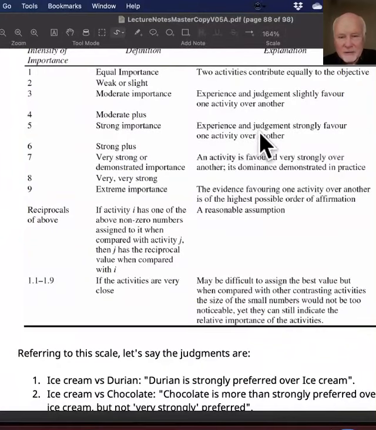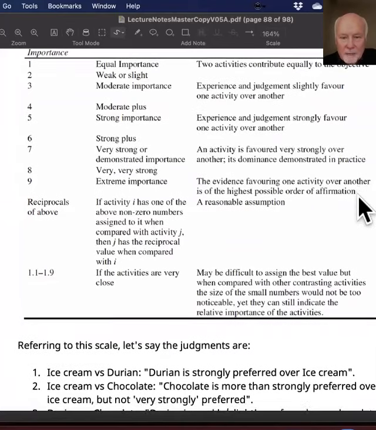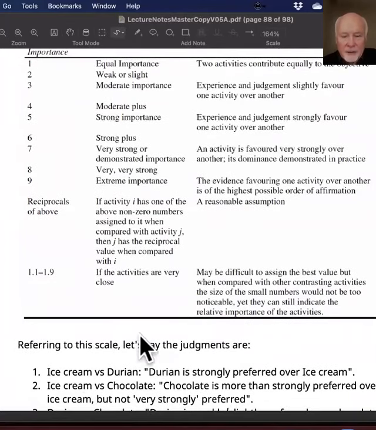He talks about activities here, but it can be anything. It doesn't have to be an activity. Strongly prefer gets an intensity rating of 5. But I'm not saying I prefer ice cream over durian. I'm saying I prefer durian over ice cream. So the number I use is not actually 5, it's 1 over 5.